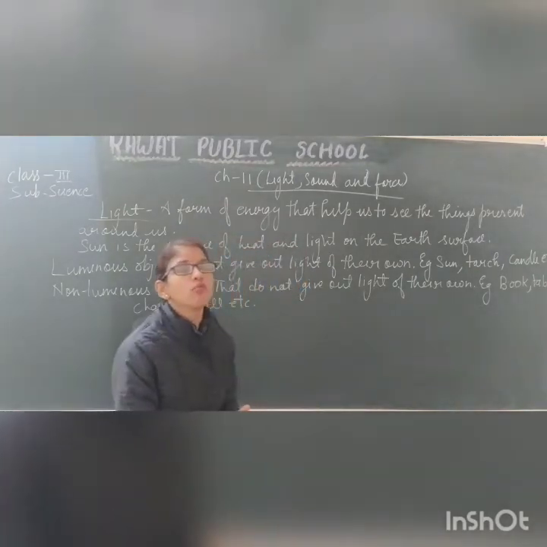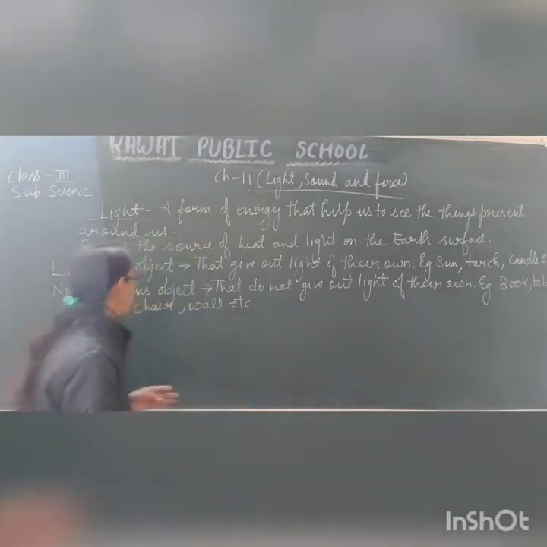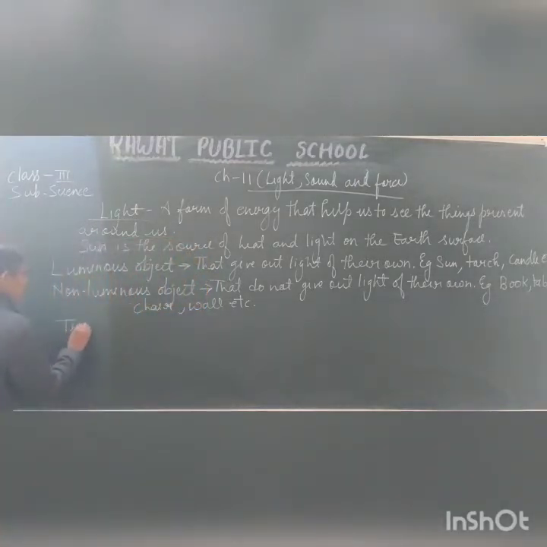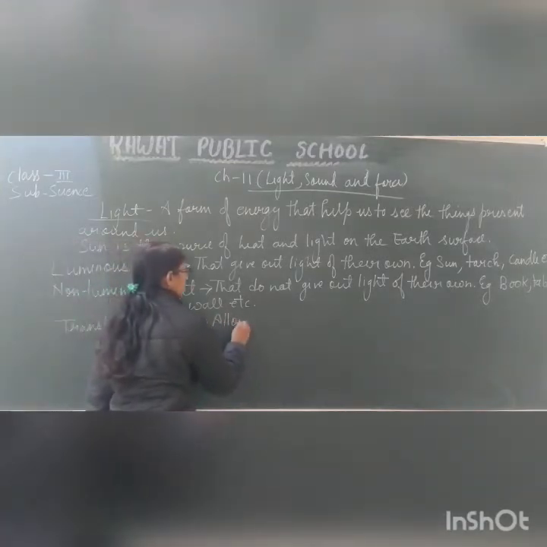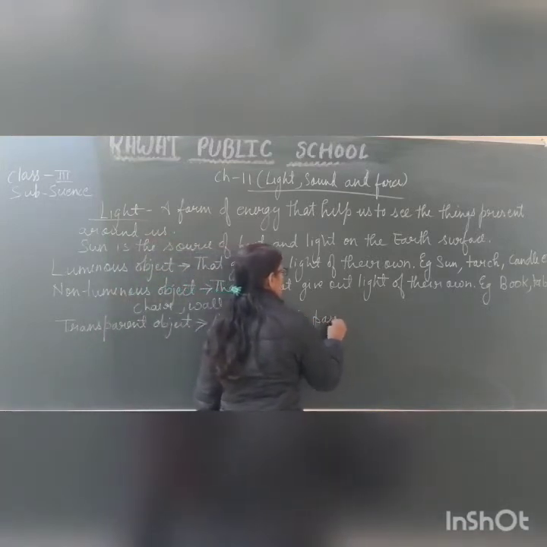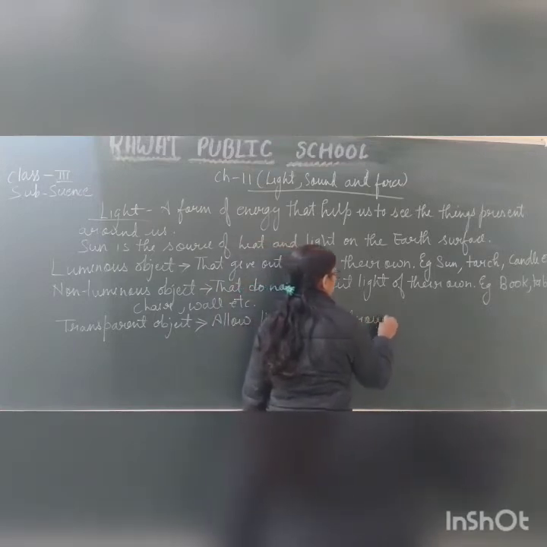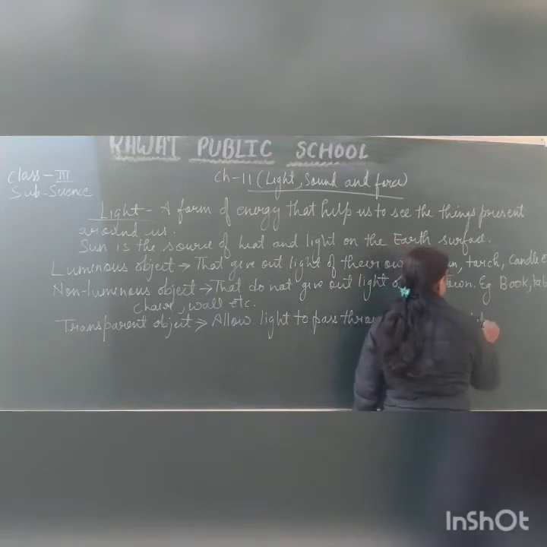On the basis of this passing of light, objects are classified into two types: transparent and opaque objects. Transparent objects allow light to pass through them completely.